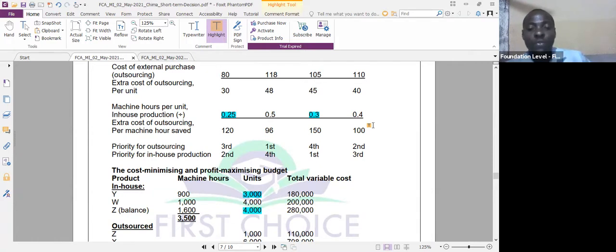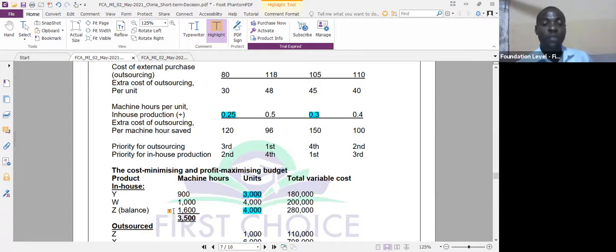It's going to give you 2,000 hours. But the balance you need here is 1,600 hours. So what do you do? You simply say 1,600 divide by 0.4. That will give you 4,000 units that you are supposed to use.